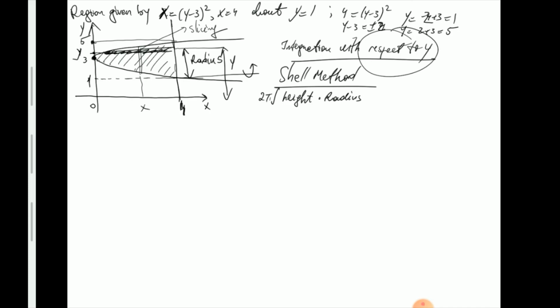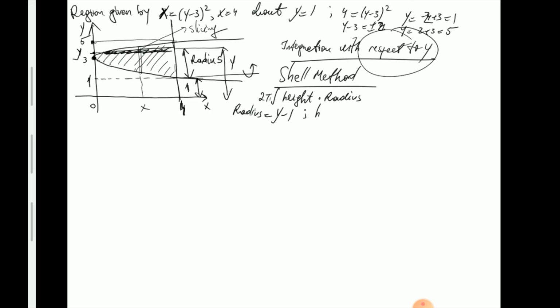But that's not the radius. I gotta subtract 1 from that distance to obtain the radius. Always, of course, measure the radius from the edge of the shell to the axis of rotation. And in this case, the axis of rotation is not the x-axis. So it's not going to be y. So then the radius in this case is going to be y minus 1.